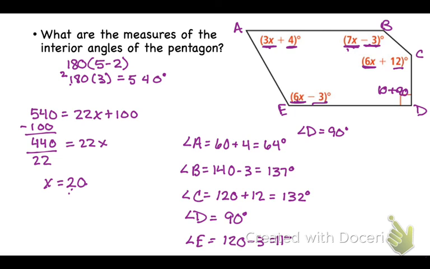Now, how do I check my work here? Add them all up, and they have to equal what? 540.